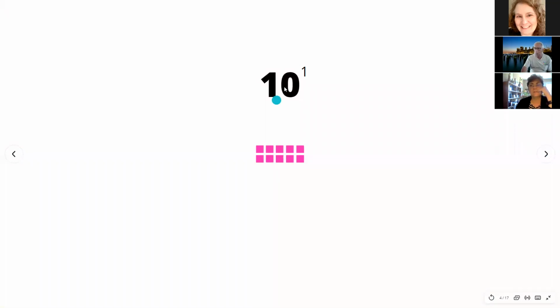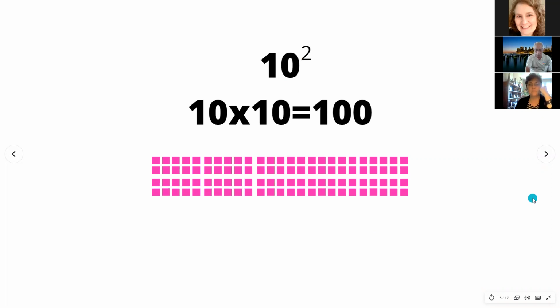So 10 to the higher power of 1 is 10, as demonstrated with my beautiful pink squares there. 10 to the power of 2 is basically 10 times 10. And that equals 100. And yes, there are 100 little squares on my screen.